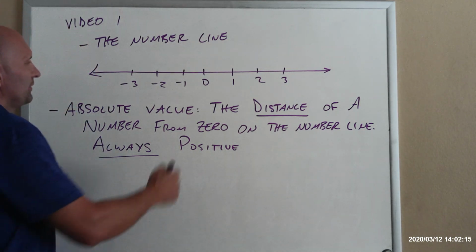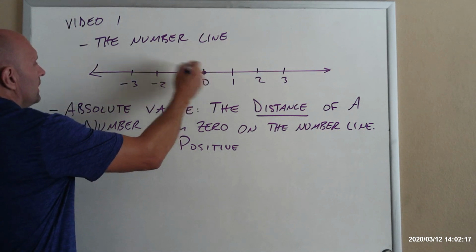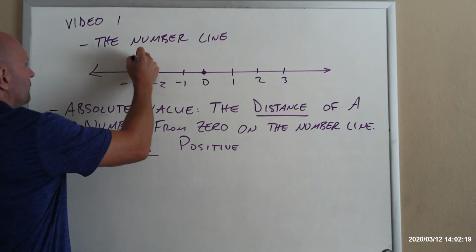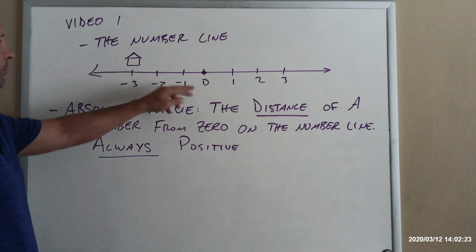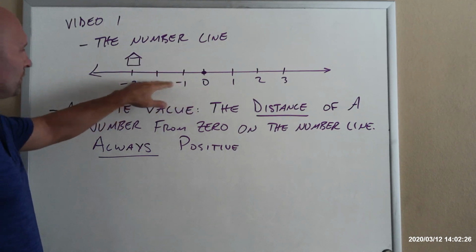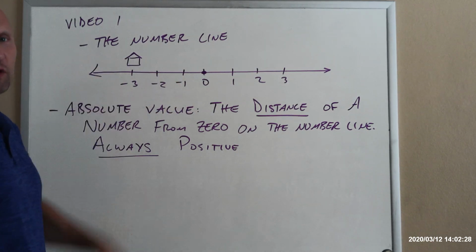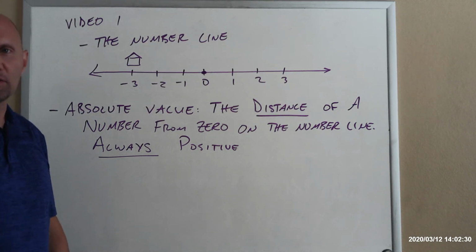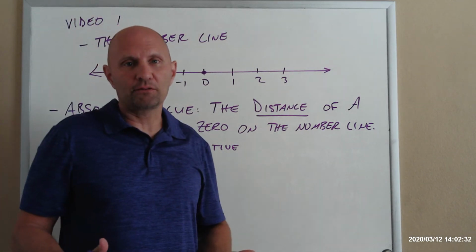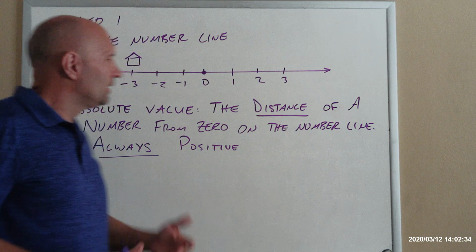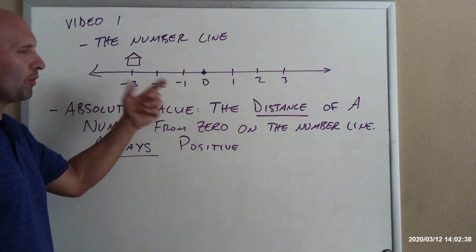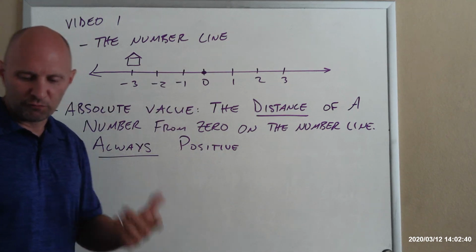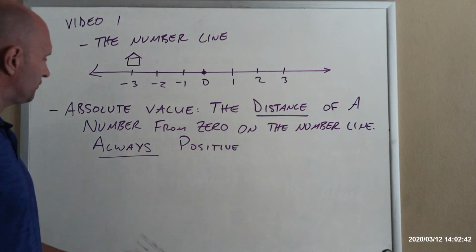Think of it this way: say you live at 0 and your friend lives down here at number 3, and say these are blocks. If you had to walk 3 blocks to your friend's house, you wouldn't say, well, I'm walking negative 3 blocks. No, you're walking 3 blocks, so it's a positive number. Even though you're moving towards the left, the distance you have to go is still 3 units. Therefore, the absolute value is 3.